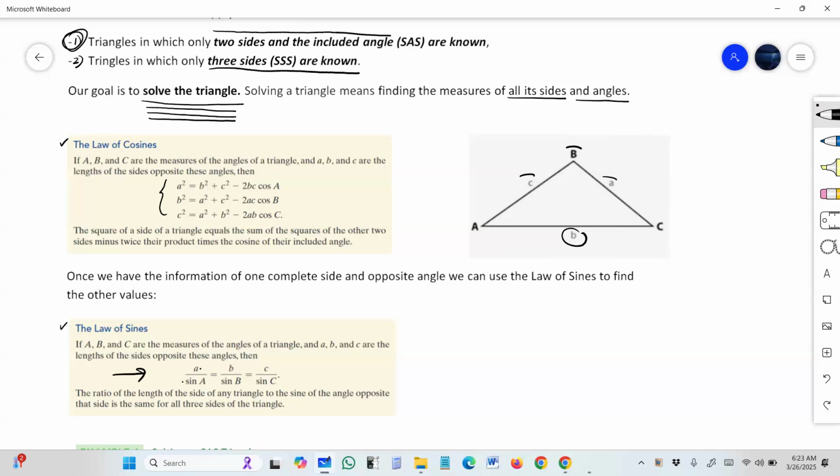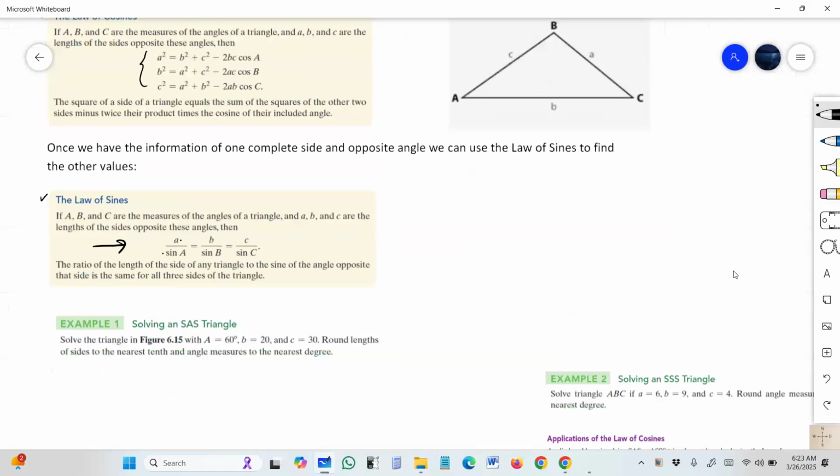So this is usually going to be my approach here, and it's very easy that way. And we'll see a couple problems. We'll see two problems and one application problem dealing with this topic, the law of cosines. So let's see the first one.